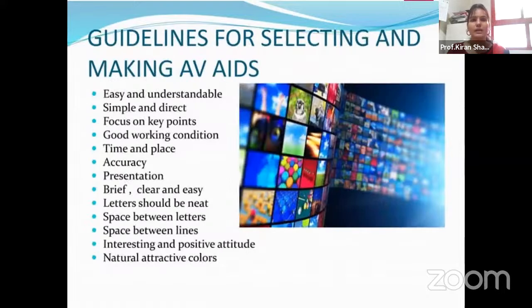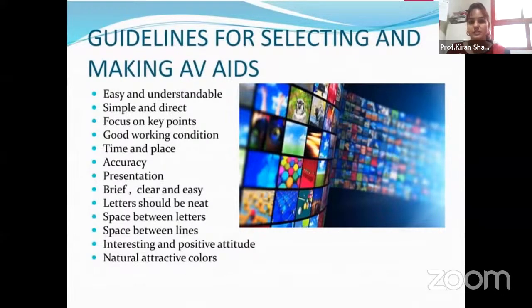Now the guidelines for selecting and making AVAs. It should be easy and understandable, simple, direct, focused on key points, in good working condition, with attention to time, place, accuracy, and presentation; brief, clear and easy. Letters should be neat, with space between the letters and space between the lines.